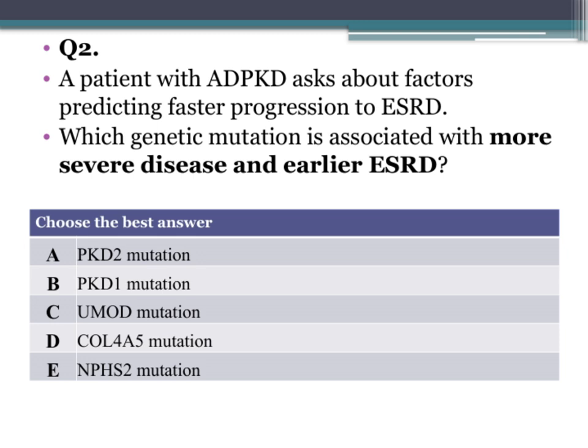So, for this question, the best answer is B, PKD1 mutation, because it's well established that PKD1 mutations are linked to more severe disease and earlier ESRD onset. Connecting this to the overall theme of our presentation, recognizing genetic factors is crucial in personalized patient care, allowing us to better anticipate disease trajectories and improve outcomes.